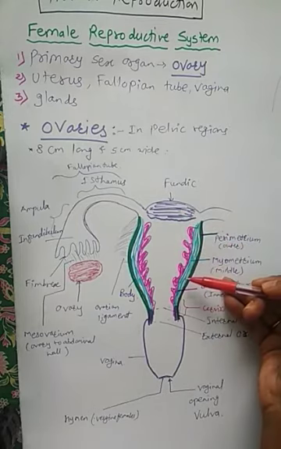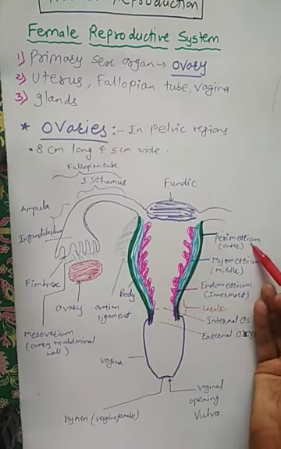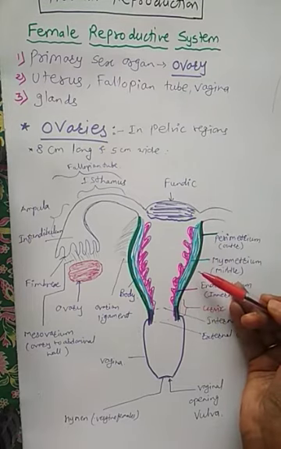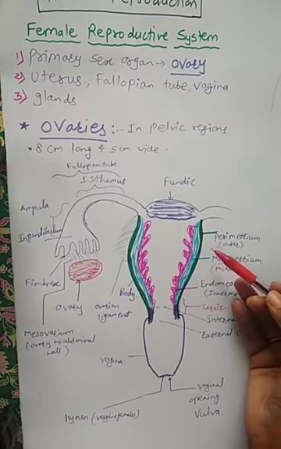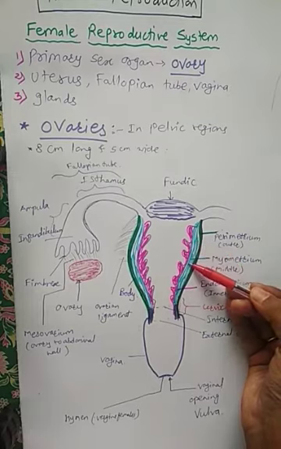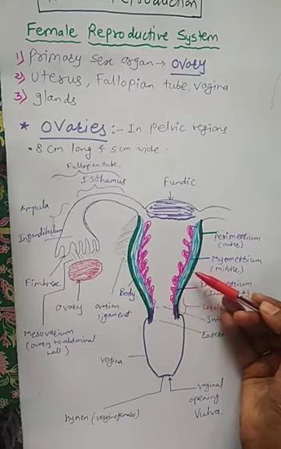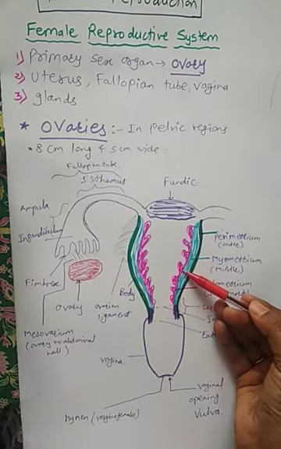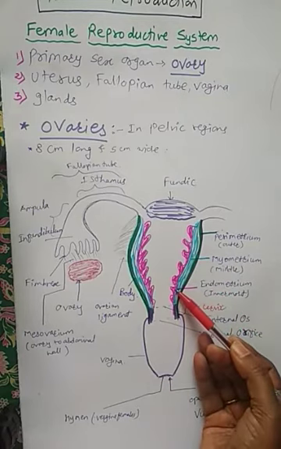Now the uterus has three layers. The outermost layer is the perimetrium, a fibrous layer that provides strength to the structure. The second, middle layer is the myometrium, a muscular layer. The innermost layer is the endometrium, a highly vascular layer.